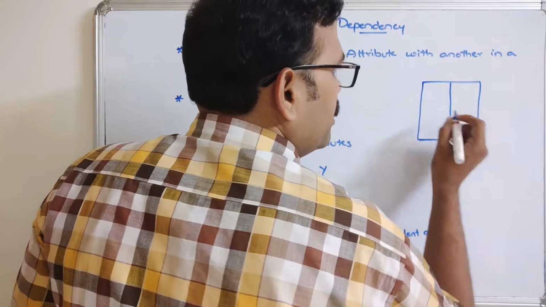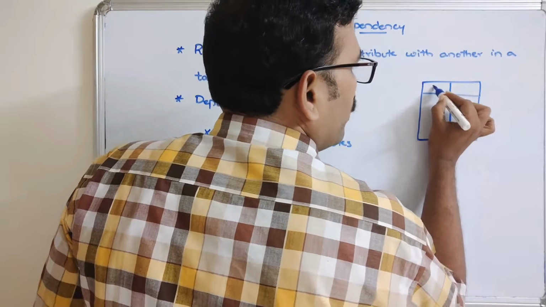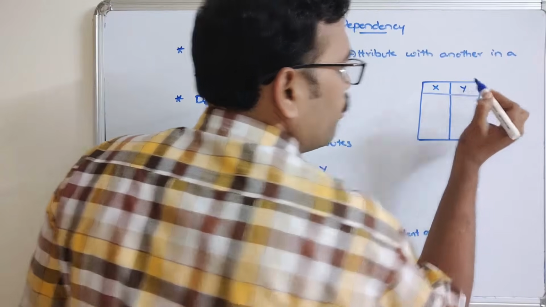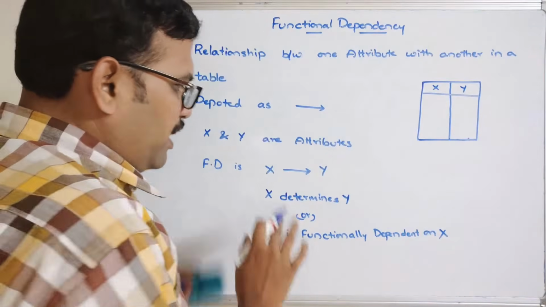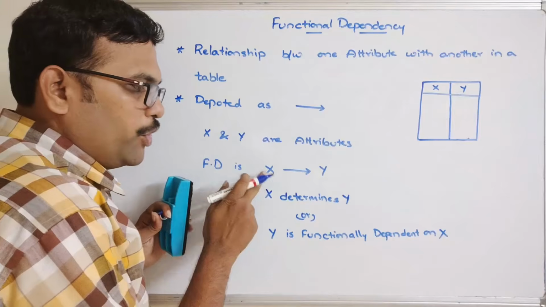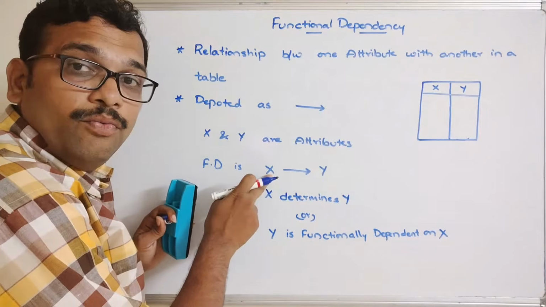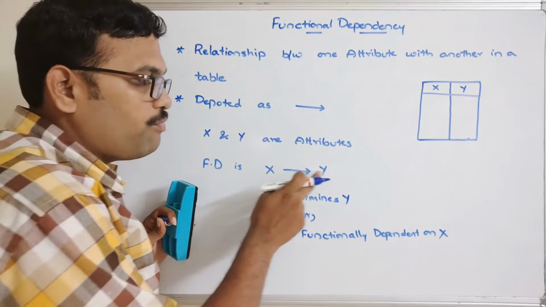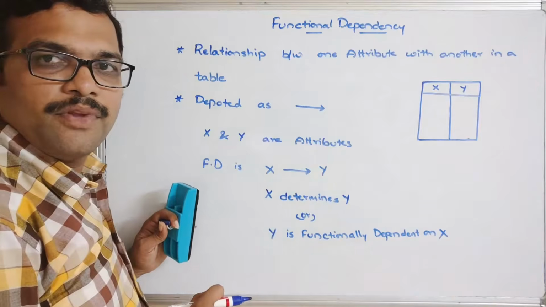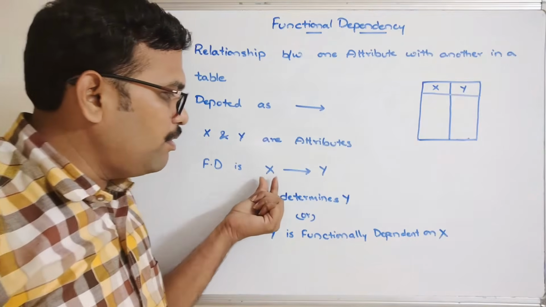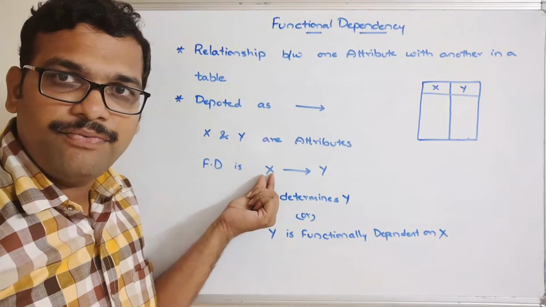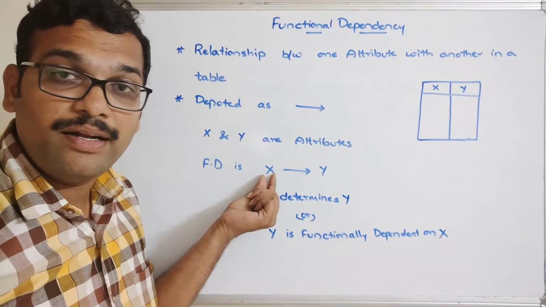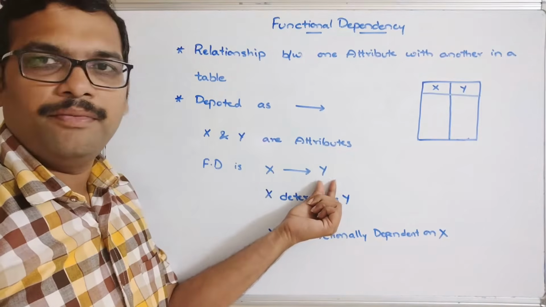Here it's a table. Let us take this table. One attribute is x, another attribute is y. This implies that if we know the value of x, we can identify the value of y uniquely. If you know the value of x, we can determine the value of y, right?